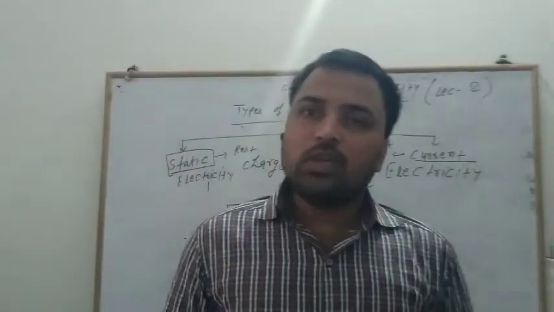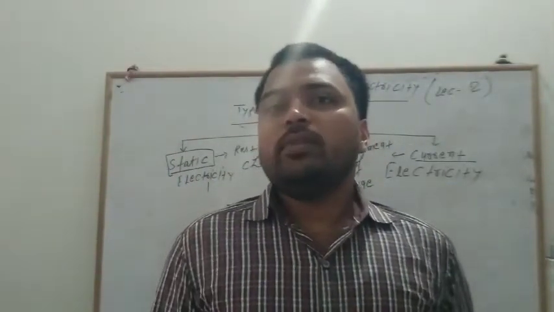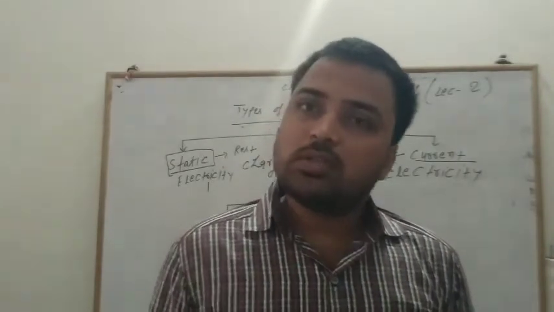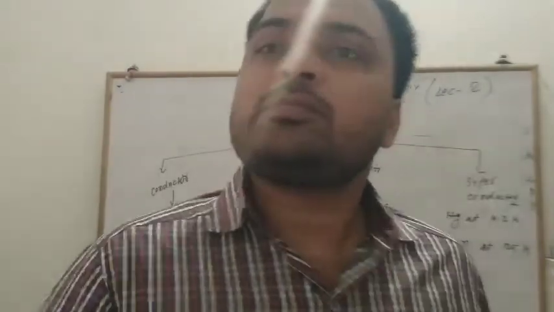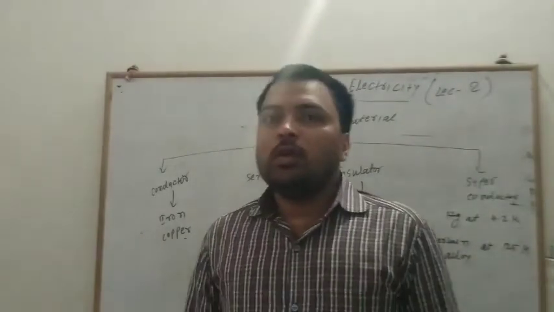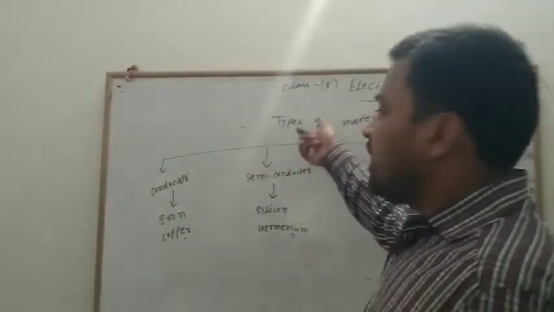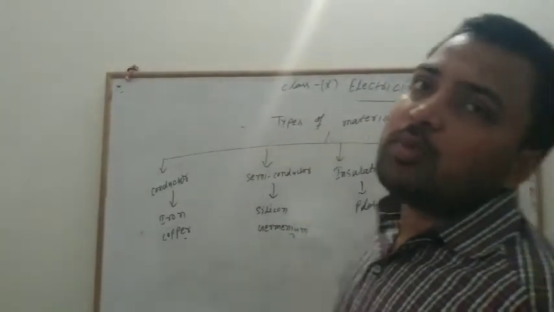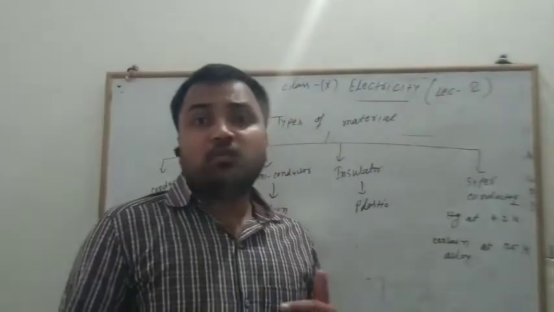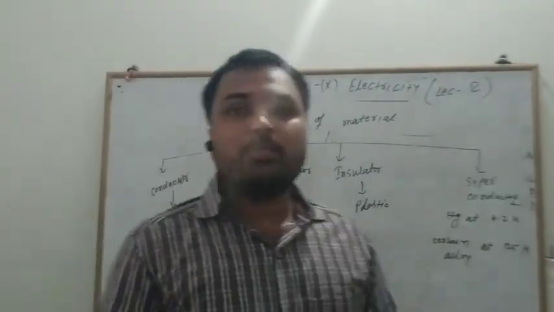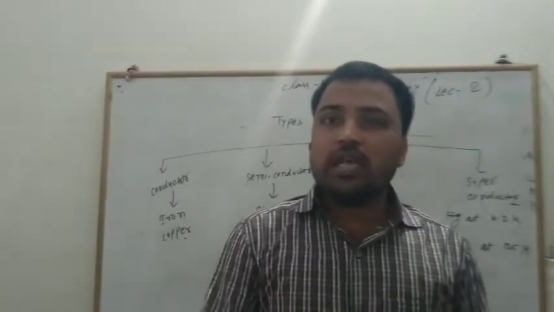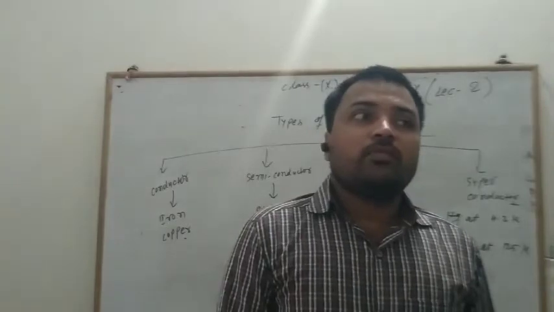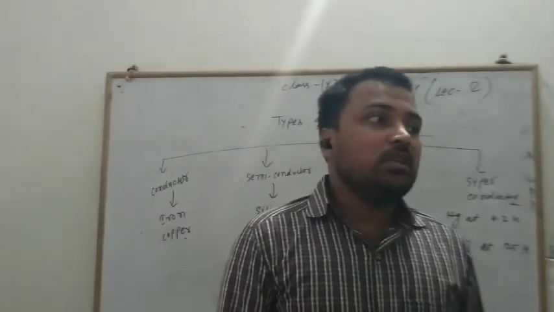Now we will study the types of materials on the basis of electric properties. Materials can be classified on different bases, like magnetic properties, electrical properties, or their states.